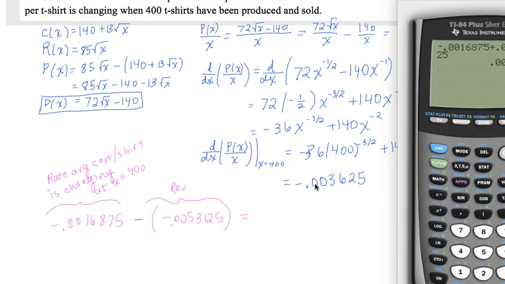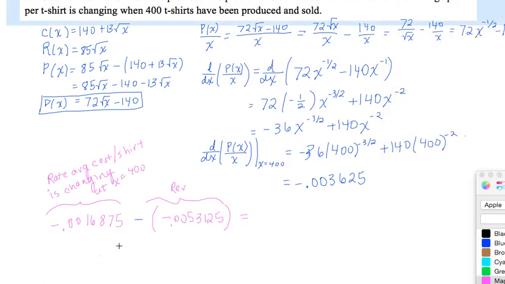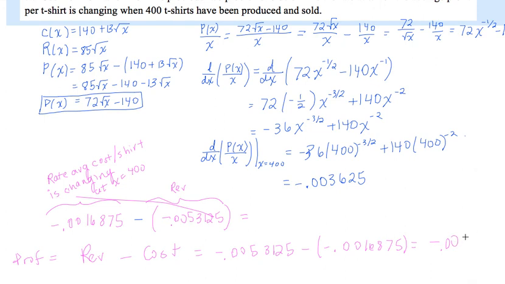Except I just realized because I got positive, I did this backwards. I should have done revenue minus cost, because profit generally equals revenue minus cost. So it should have been negative 0.0053125 minus negative 0.0016875, and that does give me the negative, like I have right here, 0.003625. Okay.